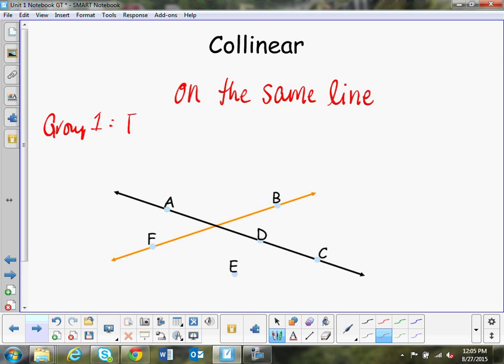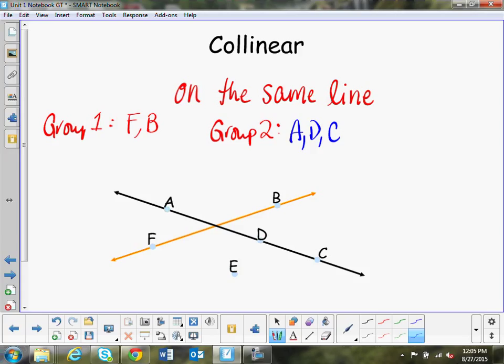That's one group. S and B. Those are collinear. Another group. Name another group. Eric. A, B, and C. Good. That's your other group. A, B, and C. Are there any other groups of collinear points? There's an E. Yeah, that one's good out there.